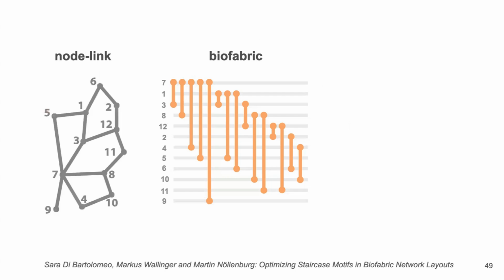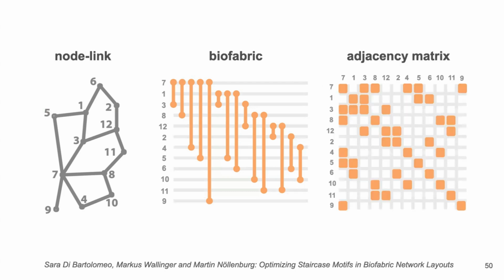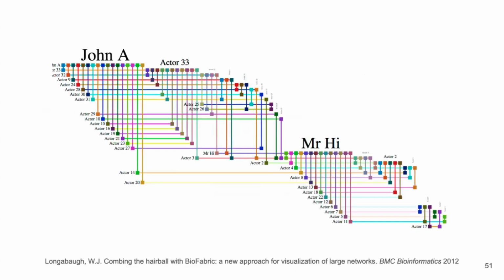So this is BioFabric. The one being represented here is the same visualization that we were looking at before. So we have the node-link, we have the adjacency matrix, same thing, same network. I did not invent BioFabric. It was published by somebody in 2012, and it's called this because it was published in a bioinformatics journal, and then the name just stuck.